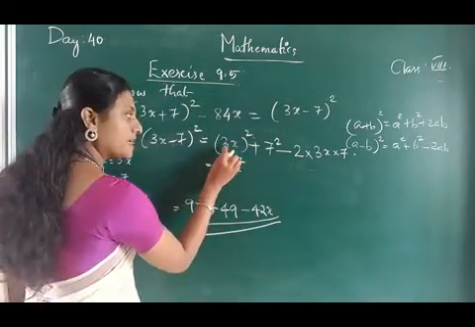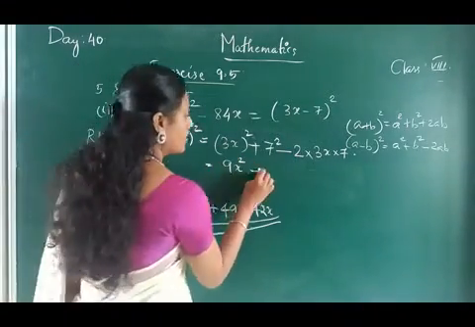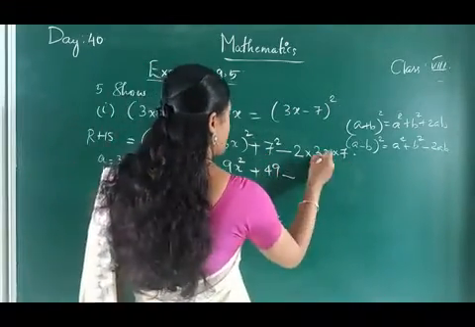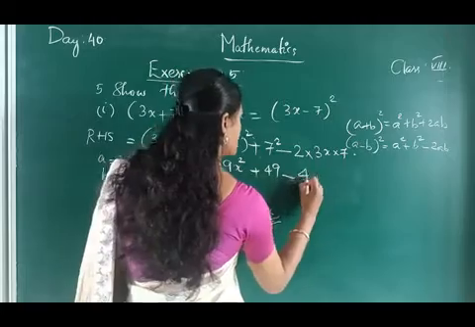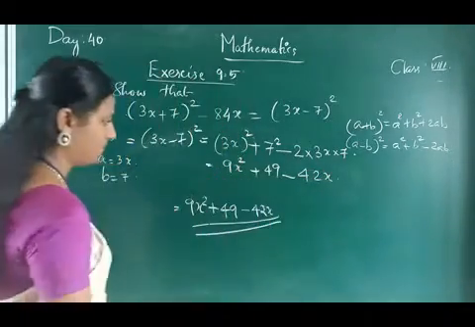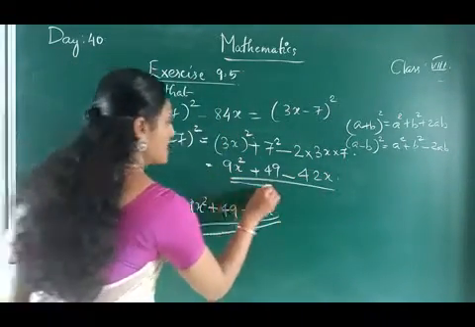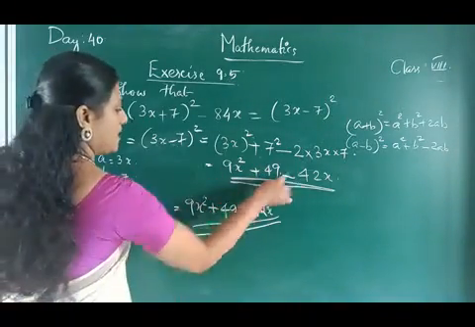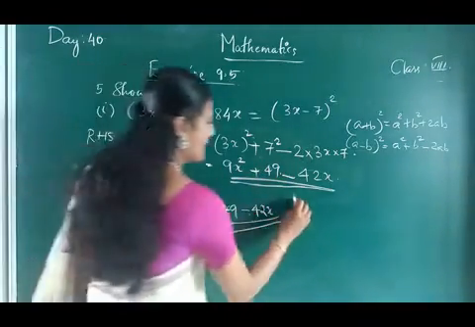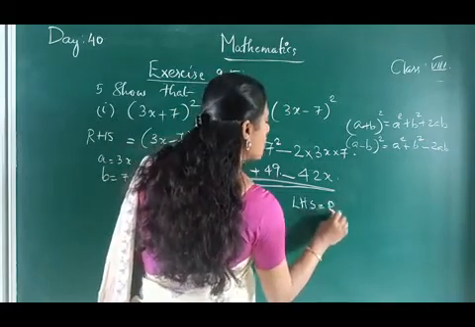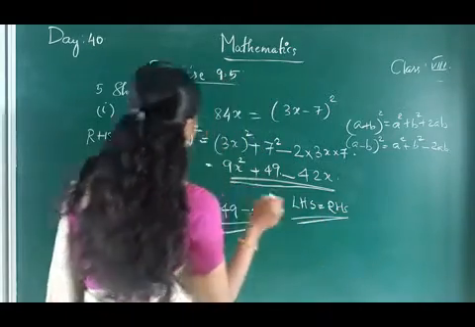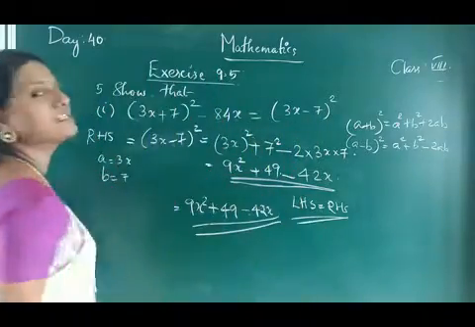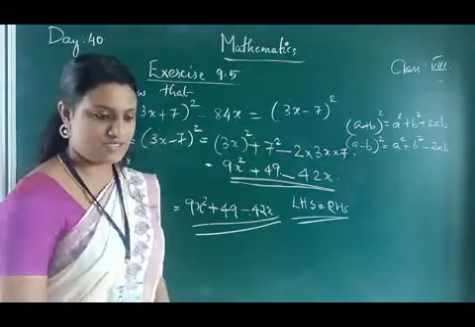And 7 square is 49, minus 7 into 3 is 21, into 2 is minus 42x. This is the RHS. LHS and RHS, are they equal? Yes, 9x square plus 49 minus 42x. So you can see that LHS is equal to RHS.